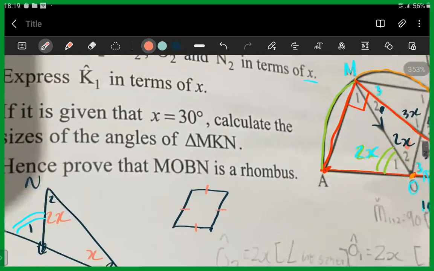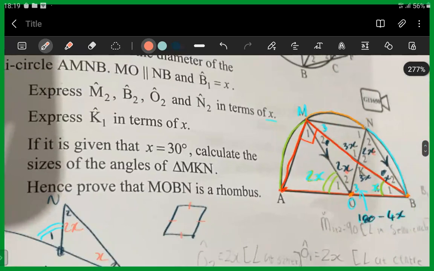So if you're going to prove that MOVN is a rhombus, the fortunate thing is that here it's not a difficult question, because we already know that OB is equal to OM because they are radii.